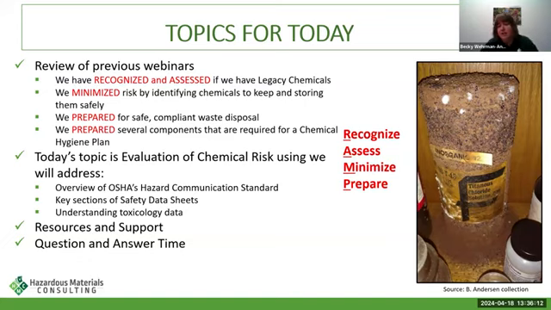And then we talked last time about how we are going to store the chemicals that we are going to keep by chemical class so that we can store them most safely. We've talked about different components of a chemical hygiene plan. And the next webinar will be buttoning up how we get to the point where we're ready to write our chemical hygiene plan for our facility.